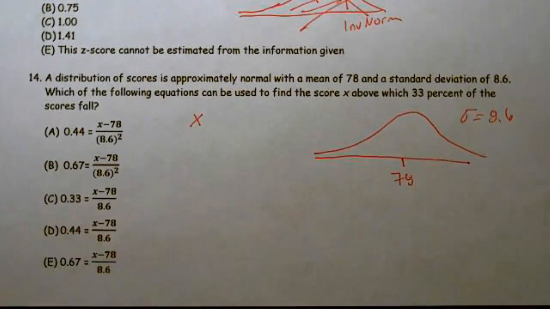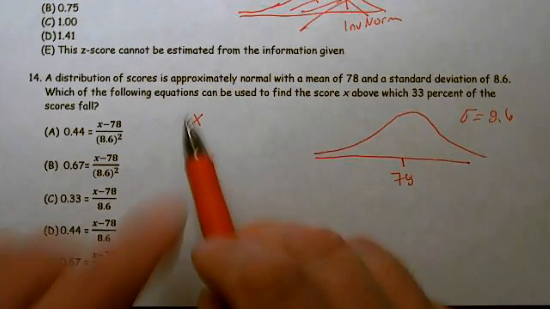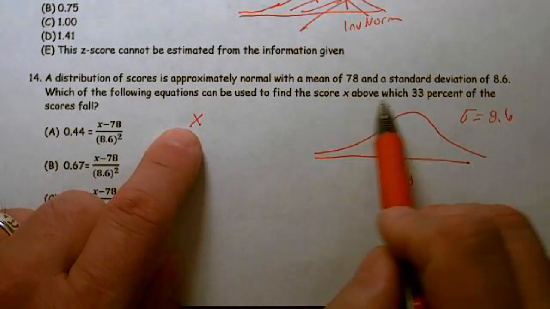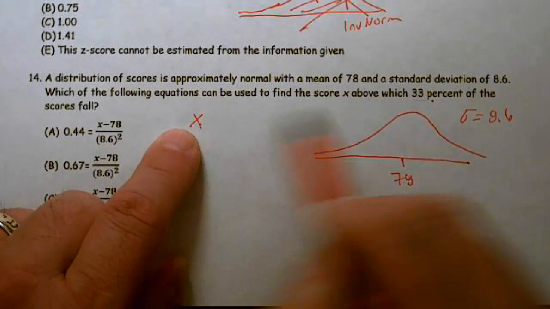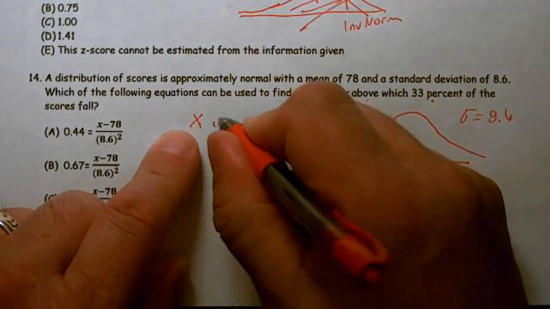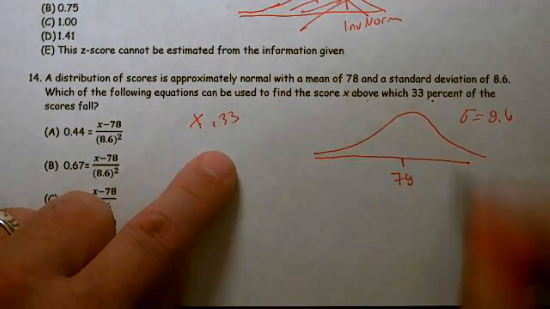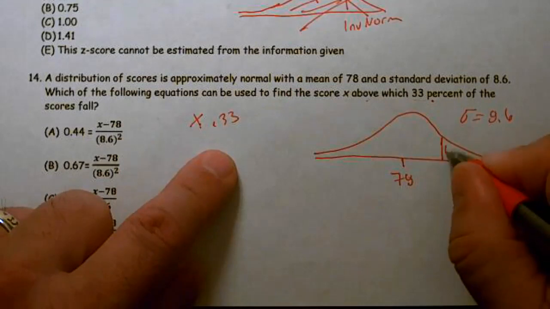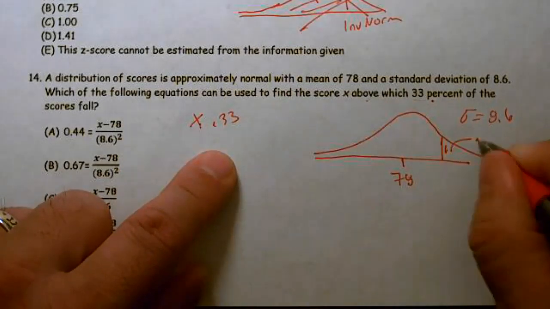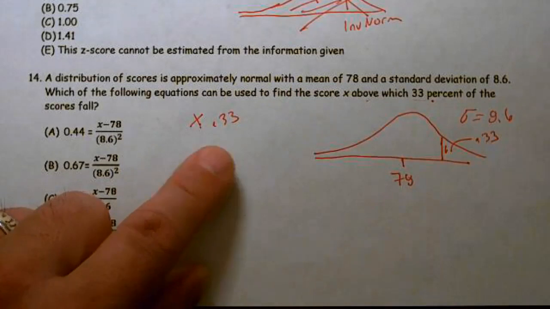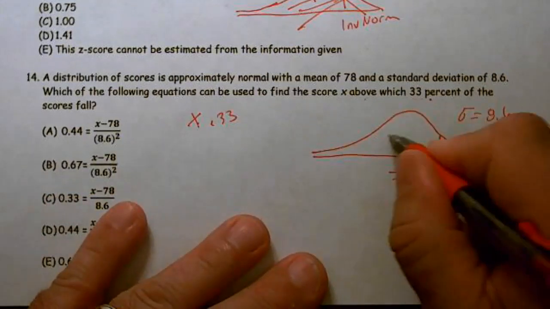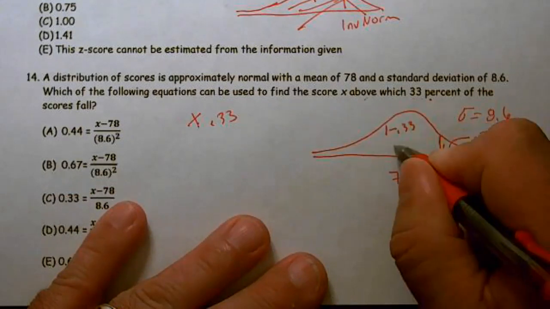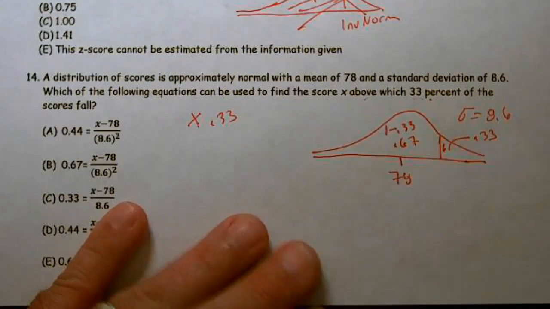Anytime they have something like this, above which 33% or below which, I make an X and it says, oh, this is above, so this is telling me that I need 0.33 right here. Well, that's a little bit of a problem because your calculator works from left to right, which means this area right here is 1 minus 0.33, which is 0.67.